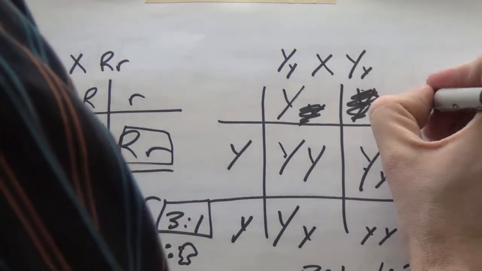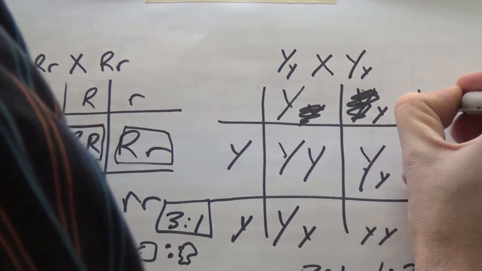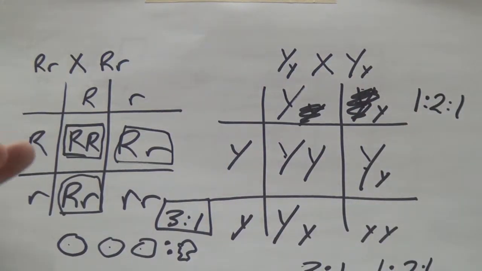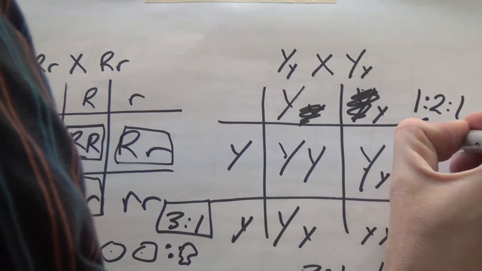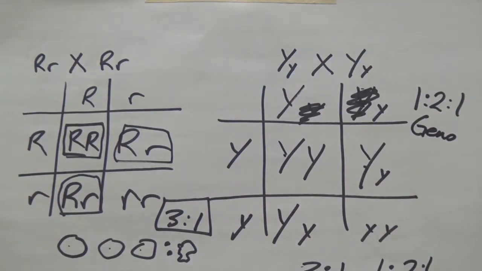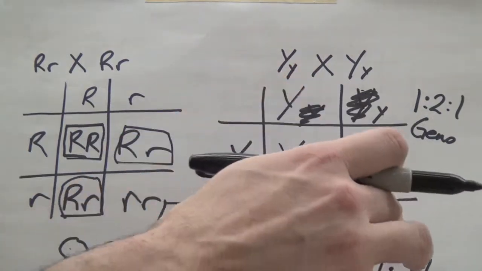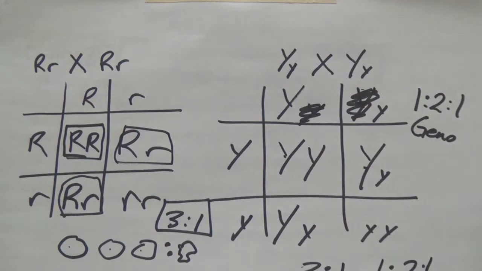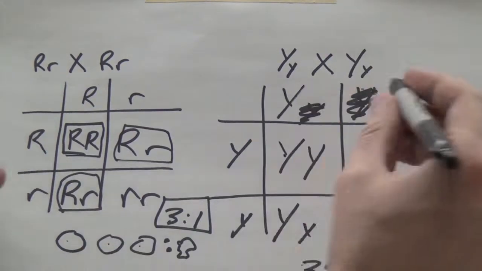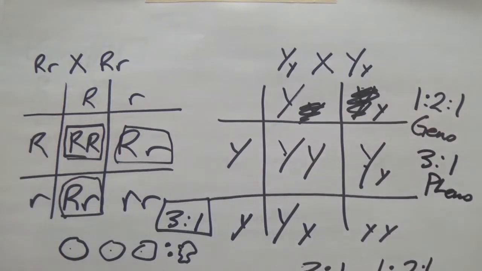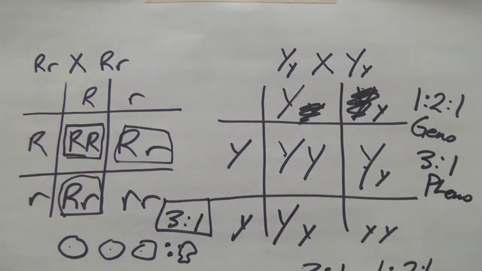Let me do this up here. 1 to 2 to 1. That's our genotypic ratio, right? Geno. So that's what our genes look like: 1 homozygous dominant, 1 homozygous recessive, and 2 heteros. 1 to 2 to 1, okay? Or we have our 3-to-1 pheno.